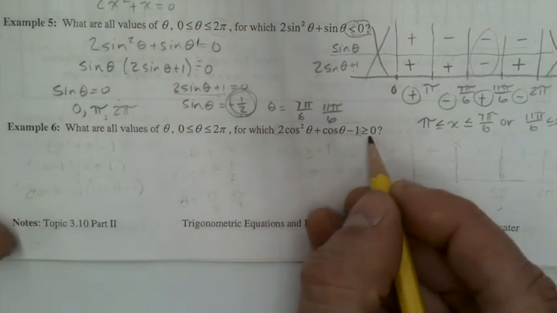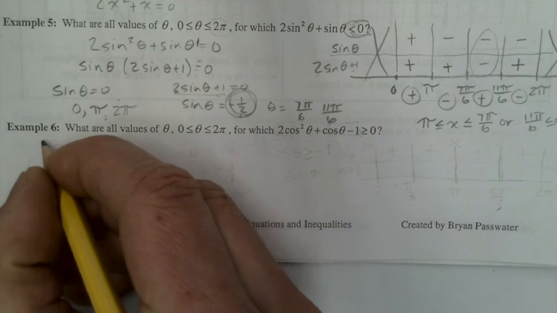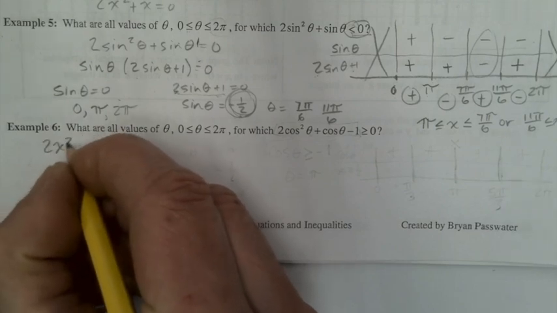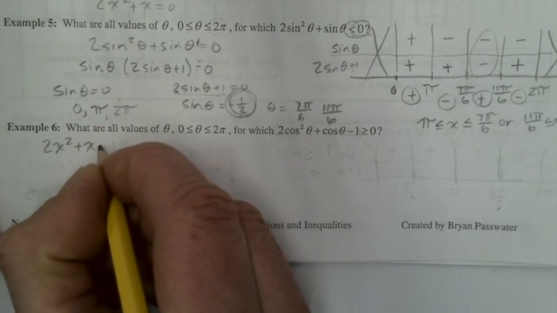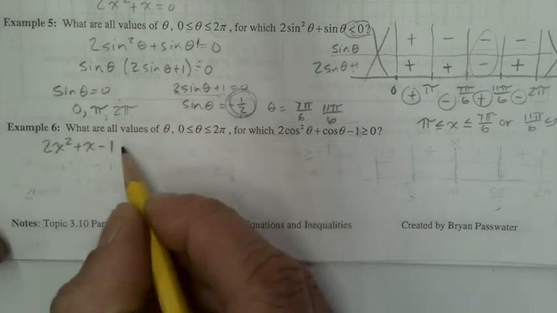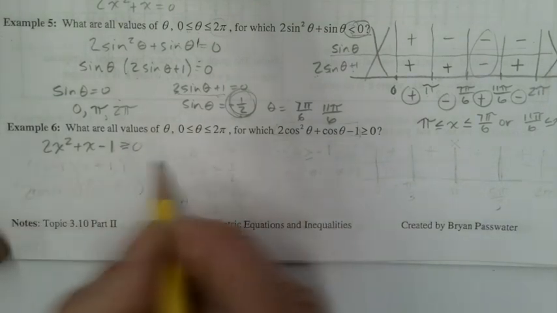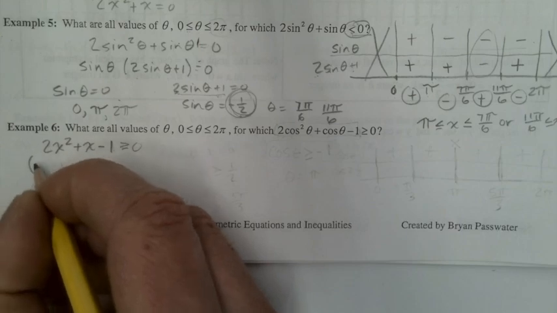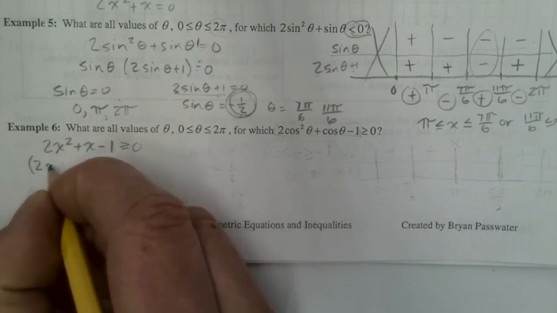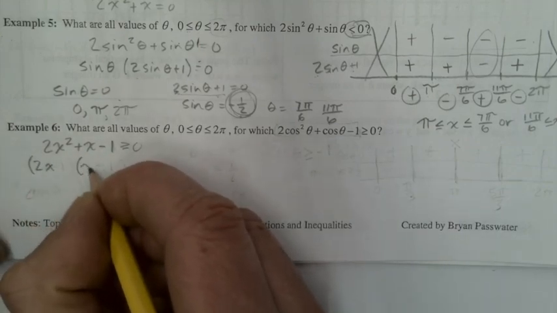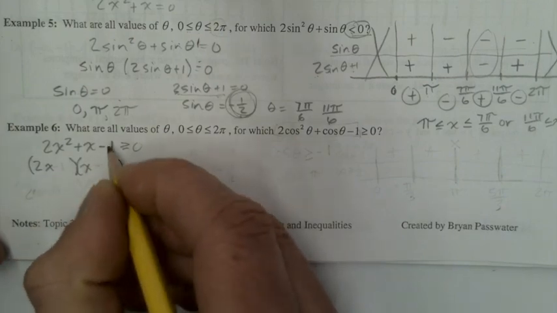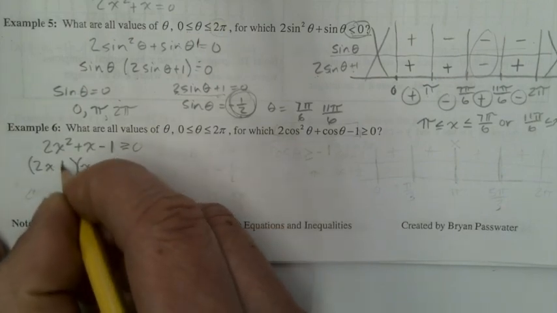If you look at this function, it's set up just like a quadratic. You may even want to think of it as though it is a quadratic, where to find when it's greater, you would factor it. So when you factor this quadratic, you'd have 2x times an x, and then to get a negative 1, you'd have a 1 and a 1.